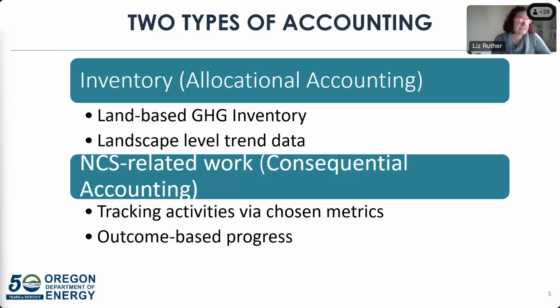But this type of accounting does not tell you what activities to take to increase your revenue, right? So creating a metric in this analogy, the metric being dollars earned, and selecting strategies to increase your revenue is an example of consequential accounting, which we have yet to embark on together. The strategies we will select together that have metrics to increase carbon, ecosystem resilience, and community wellness on the landscape is coming next, right?